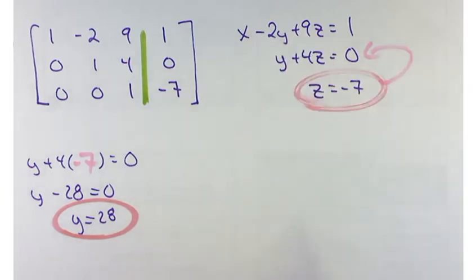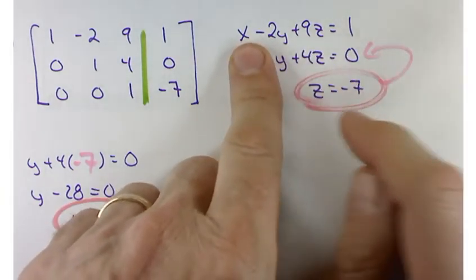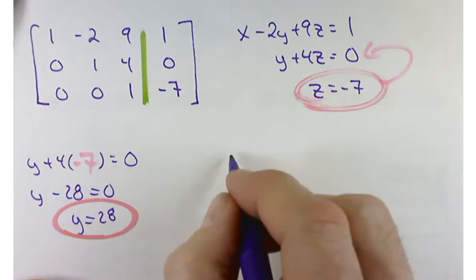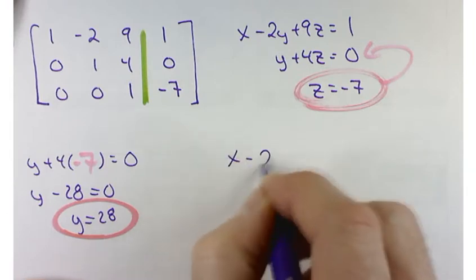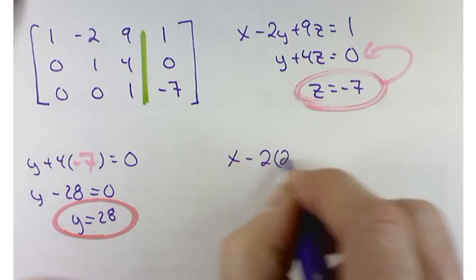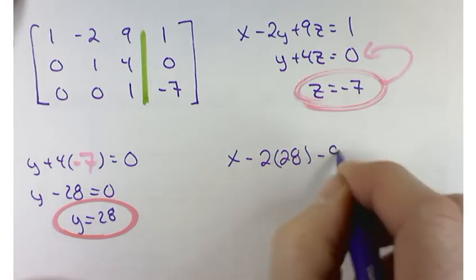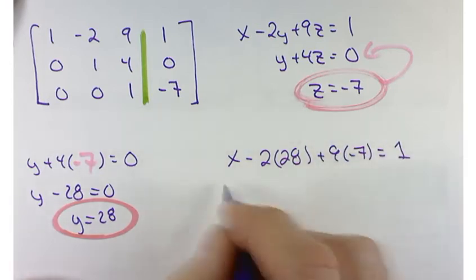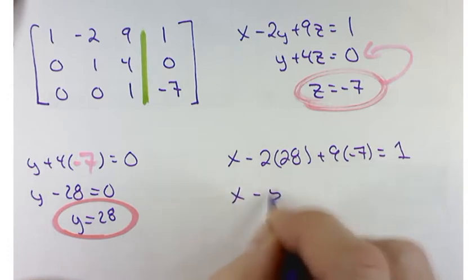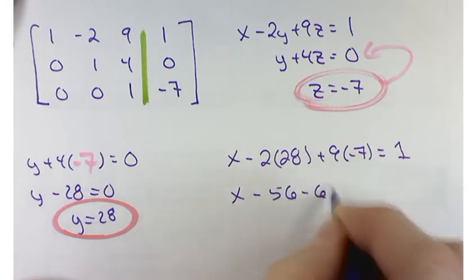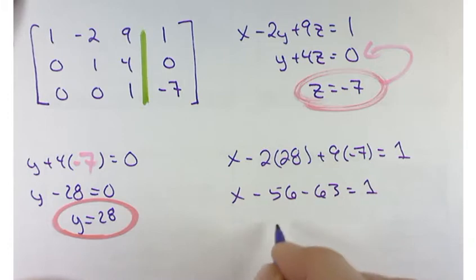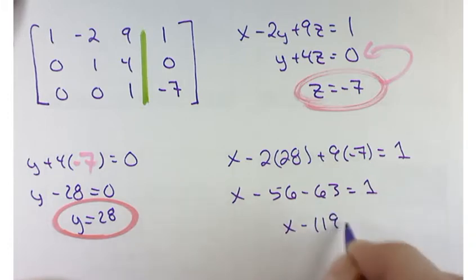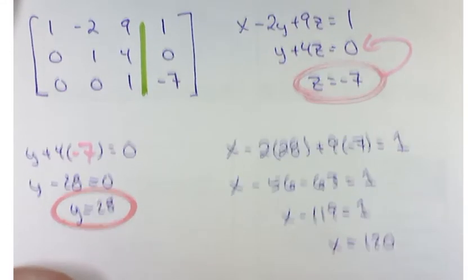Perfect. Yeah. Go up to the first equation, because it's the only one that has an x in it, and plug them in. So x minus 2 times 28 minus 9, or plus 9 times -7 equals 1. So x minus 56 minus 63 equals 1. So that's x minus 119 equals 1, and x equals -118.